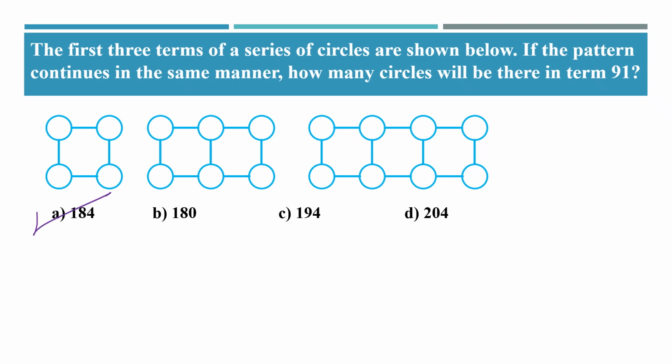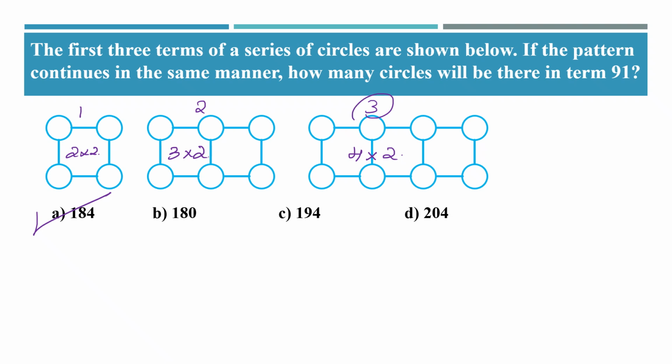I hope you understood the concept. First term, we have 2 times 2. Second term, we have 3 times 2. Third term, we have 4 times 2.